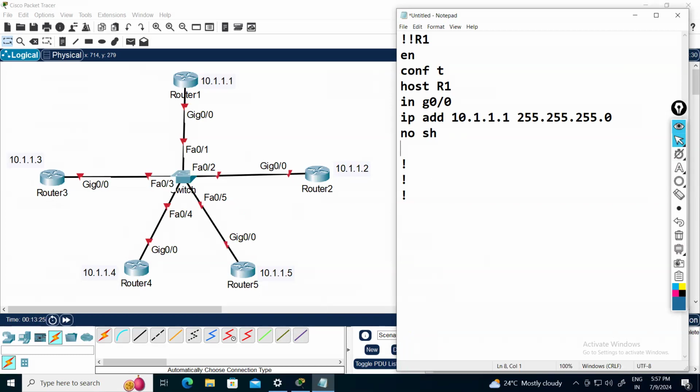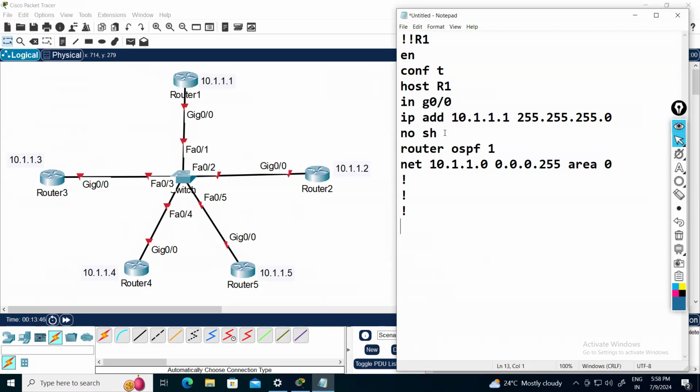For DR BDR, there is no special configuration required. You just configure OSPF and the DR BDR election will be done automatically. So I'll say router ospf 1, network 10.1.1.0, area. This is my configuration for R1, done.